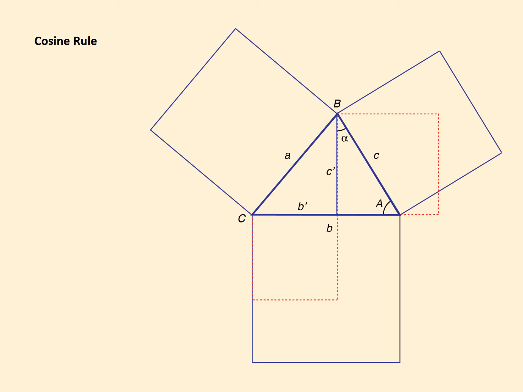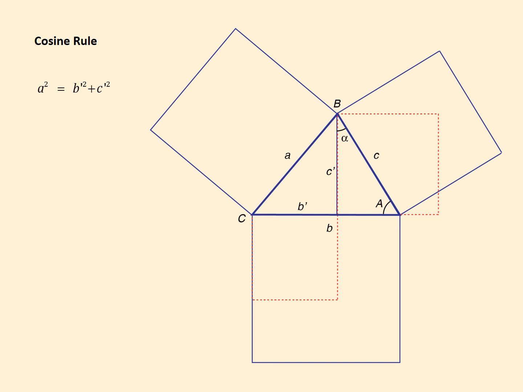The square on the right with edge length C is going to be rotated and reduced in size to give the red dotted square, and similarly the bottom square is going to be reduced to give another red square, and then we can use Pythagoras' theorem on the result.